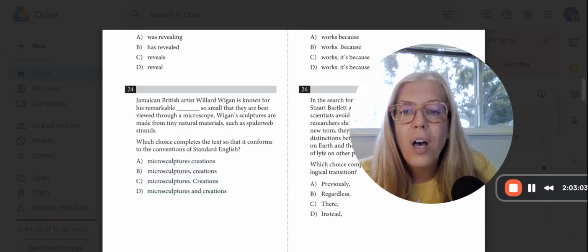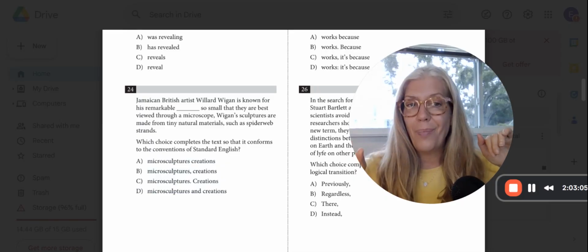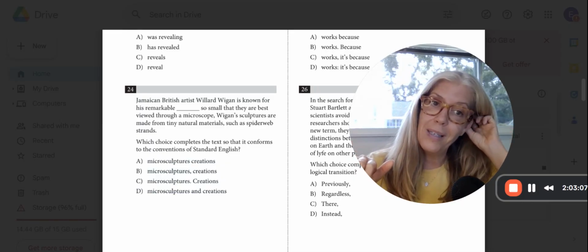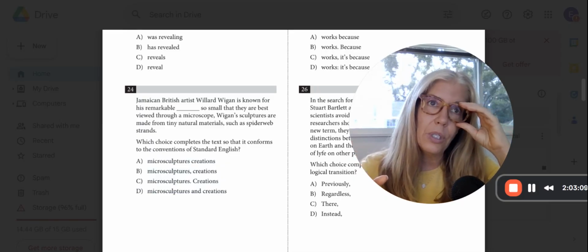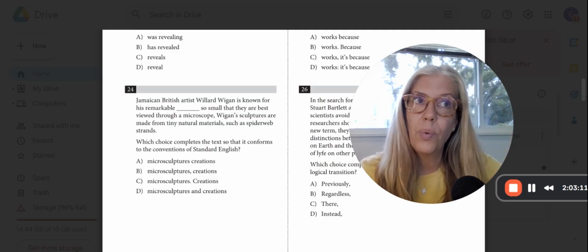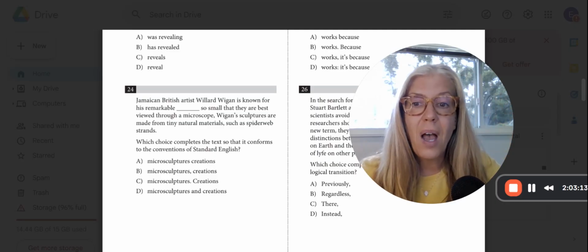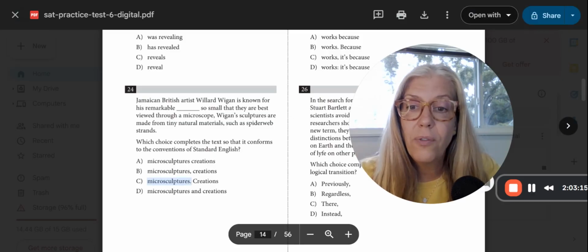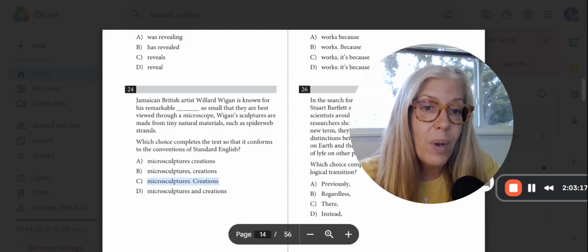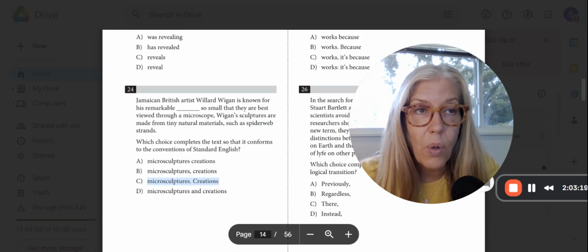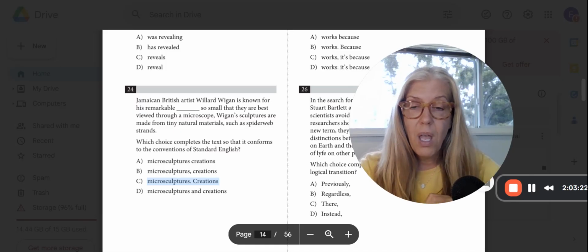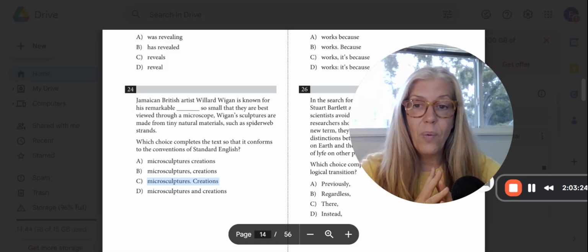Okay, so I automatically want to start with one that breaks it up. So before, when we started with a list and it was the same word over and over and they were just looking for punctuation, I started with one without. On these, I want to start with the one with. I want to look for something that's going to break it up. The best way to break it up is either a period or a semicolon. So I want to start there, just if I can narrow them down.